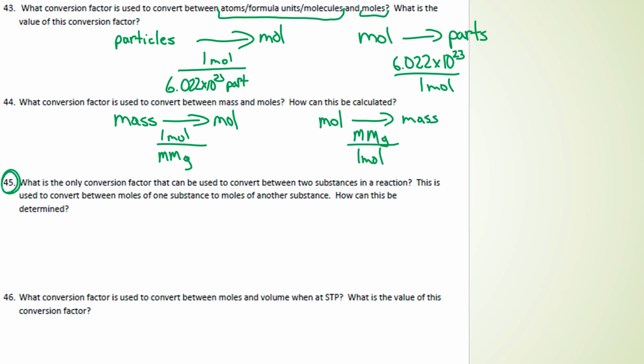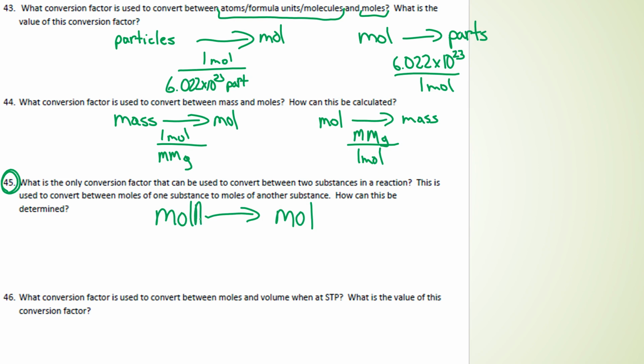Number 45 is probably the most important question on the whole packet, because it is the sum of everything in there. What is the only conversion factor that can be used to convert between 2 different substances? Mole to mole. We can only use the balanced equation when we're in terms of moles.